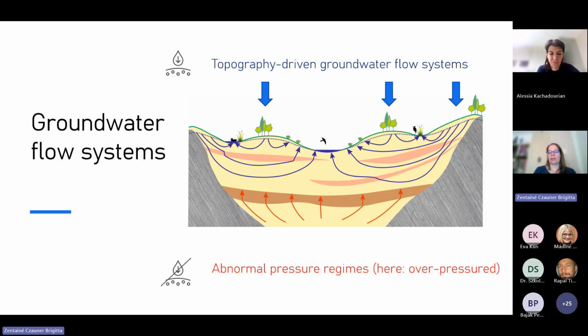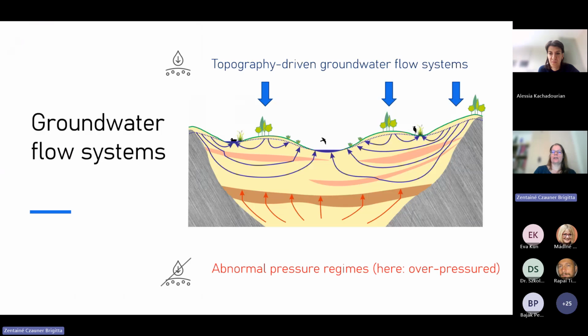These abnormal pressure regimes, which can also be under-pressured, but in any case, can be handled as non-renewable groundwater resources, since they don't have any connection to the land surface, don't have any surface recharge. Actually, we can find water in these systems which was, let's say, trapped a long time ago.